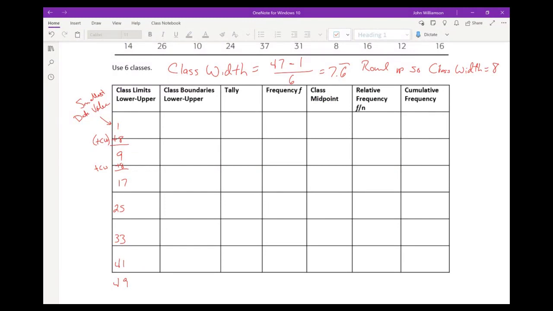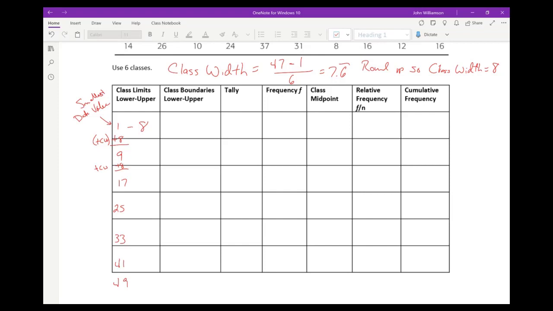Because we don't want overlap, the way we're going to find the upper class limits is really simple. You're just going to take whatever the next class's lower limit is and subtract 1. And that's your upper limit. So here, this class is going to go from 1 to 8, because I can't go up to 9, otherwise they would overlap. So we just stop at the next lower whole number.